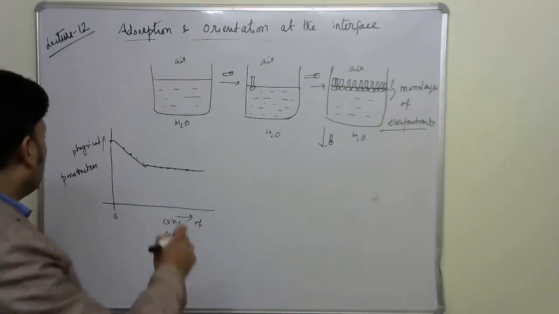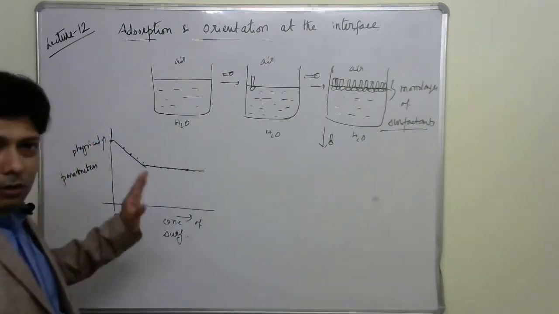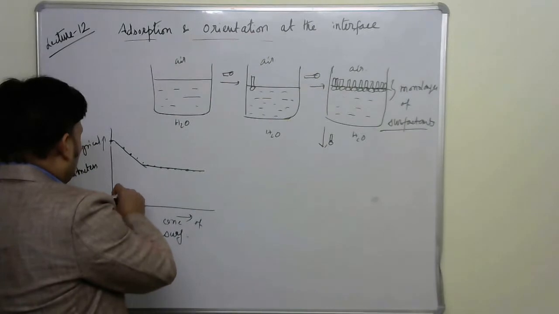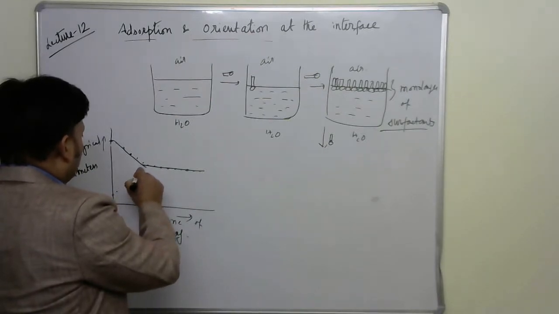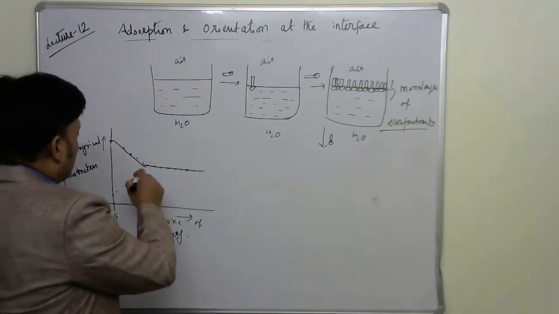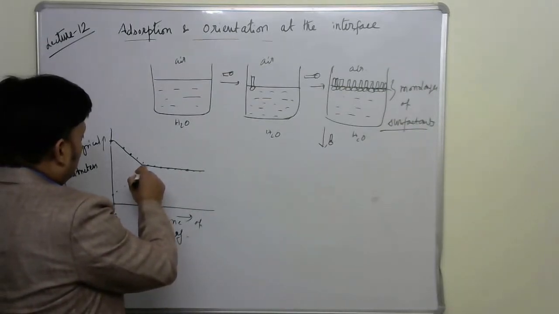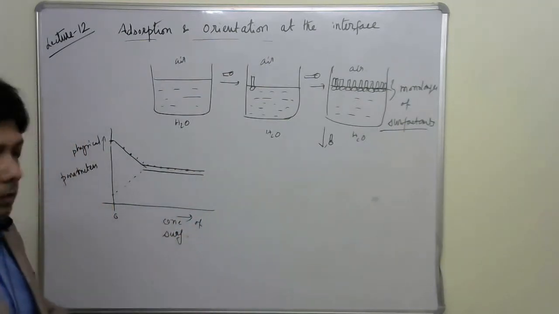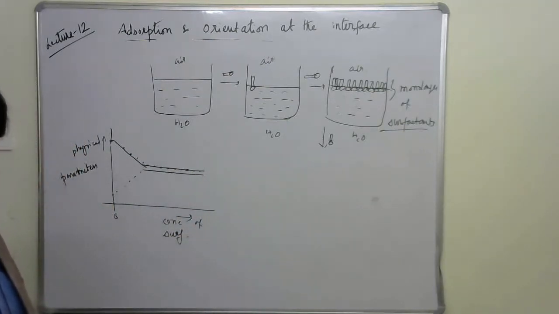Similarly, if we try to measure the electrical conductivity, at the beginning the electrical conductivity would increase, but after a certain concentration the conductivity doesn't change, so it becomes almost parallel with the x-axis.